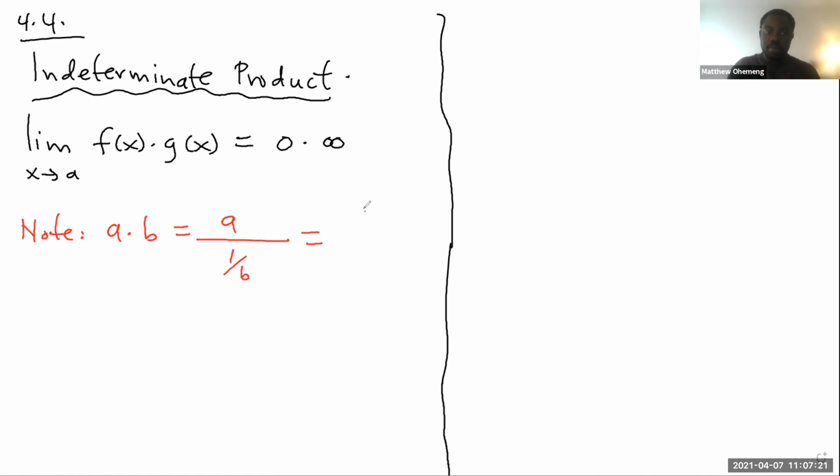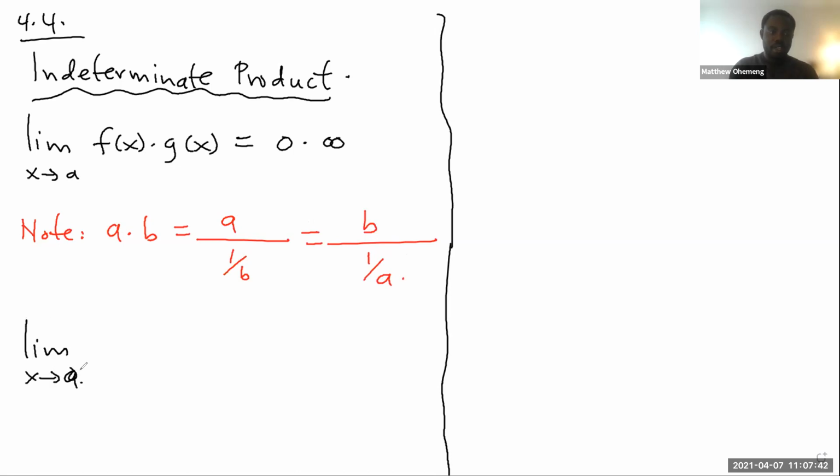And it's also the same as b over 1 over a. So this a times b is the same as a divided by 1 over b, and it's the same as b divided by 1 over a. With this algebra in mind, we can express this limit.